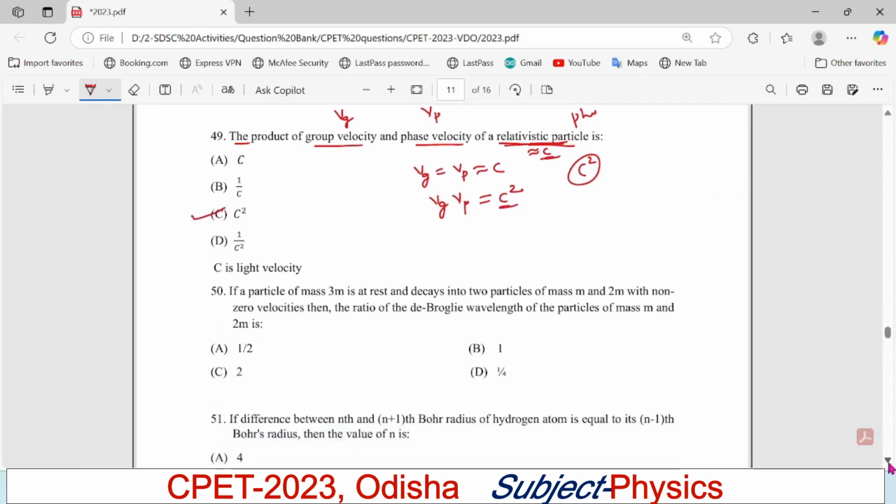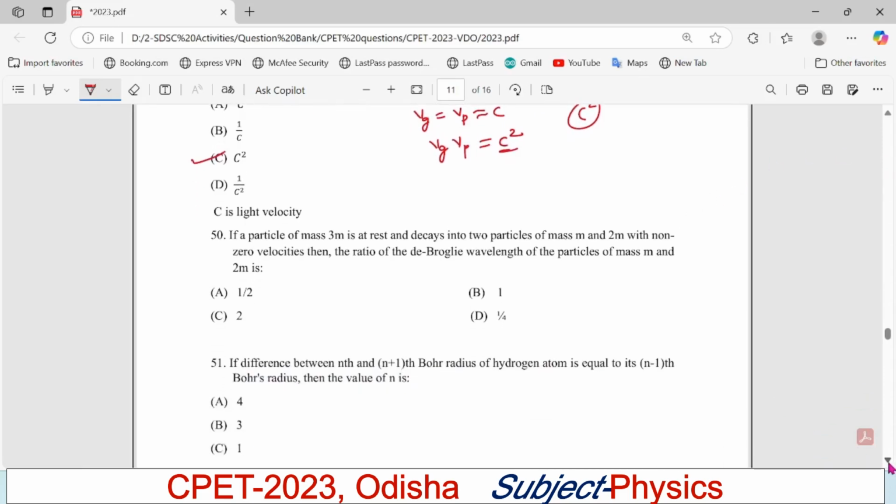Next is question number 50. It is a very good, very interesting question. Suppose a particle of mass 3m is initially at rest. What is its initial momentum? At rest, it is 0.